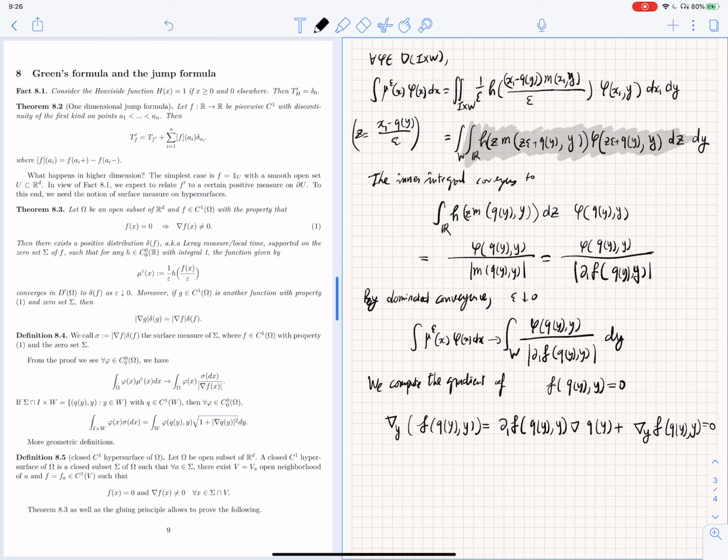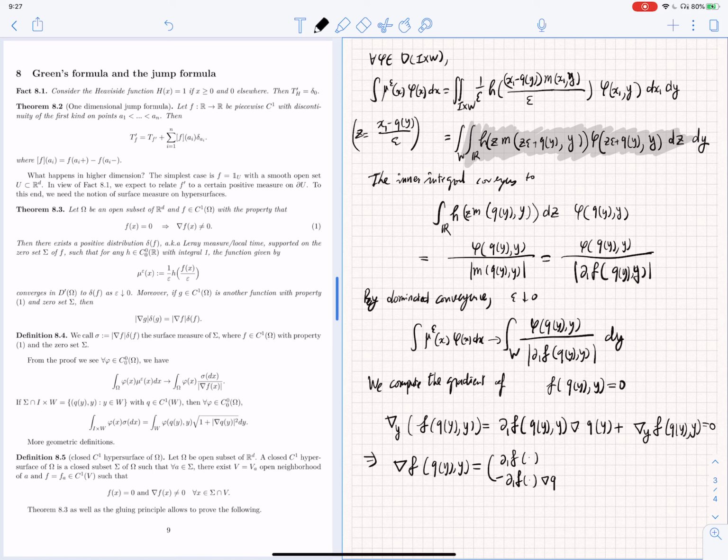So we have 0. Okay, so putting things together, we have the gradient of f applied to any point, here (q of y, y). By definition, this is the gradient with respect to the first variable of f at this point, and the gradient with respect to the y variable of f. And according to the previous equation, this can be written as negative d1f times the gradient of q.